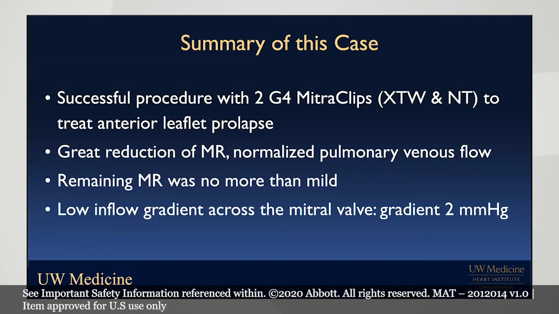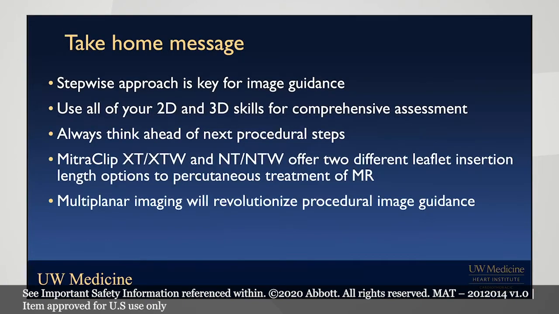We had a successful reduction of MR, and the remaining MR was certainly no more than mild, potentially even trace. And the inflow gradients were quite nicely low despite the use of 2 clips.